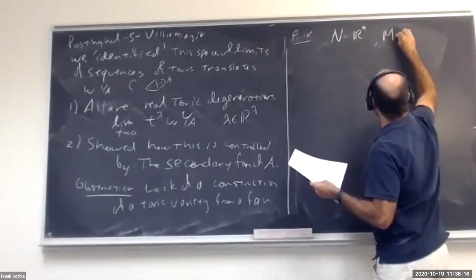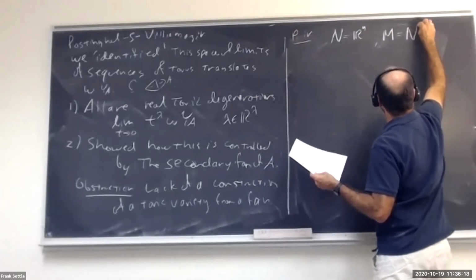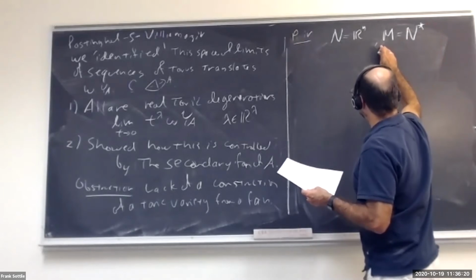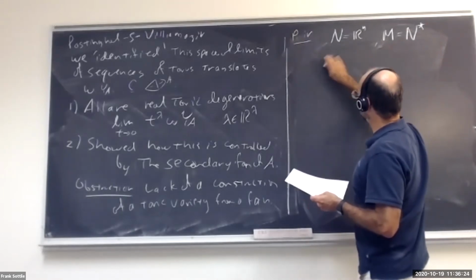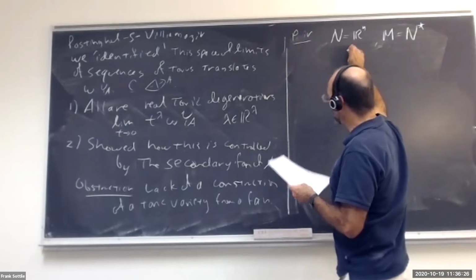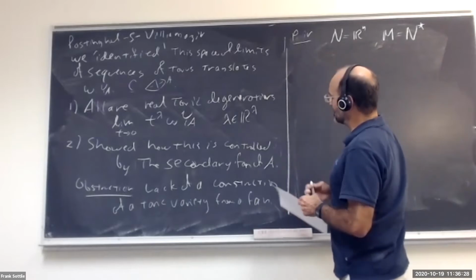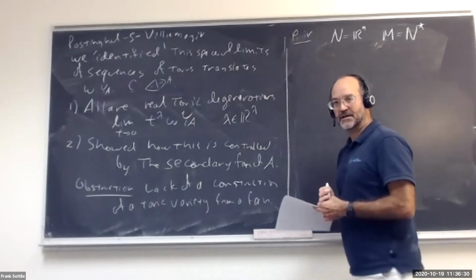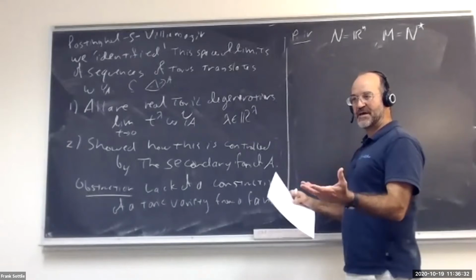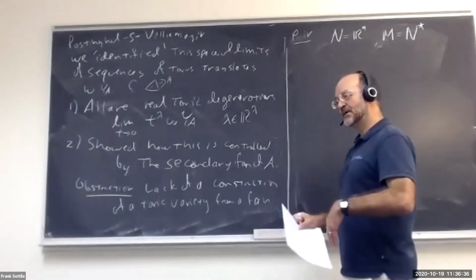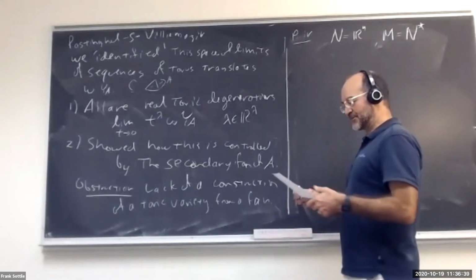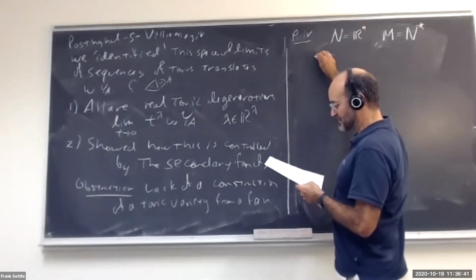And then M will be the dual space to N. I think of this as characters. They're really just vector spaces written additively. And now the construction of a toric variety, you need to associate some space to a cone. And then if you do it right, everything glues together. So that's the case here.